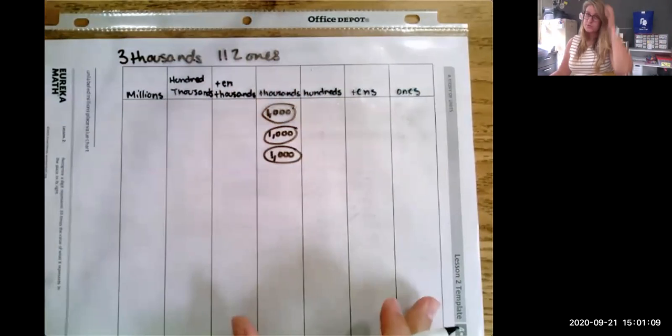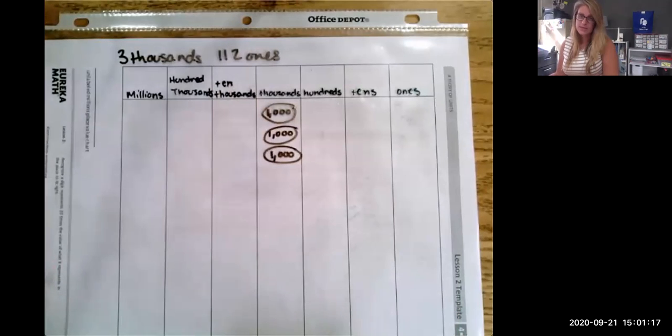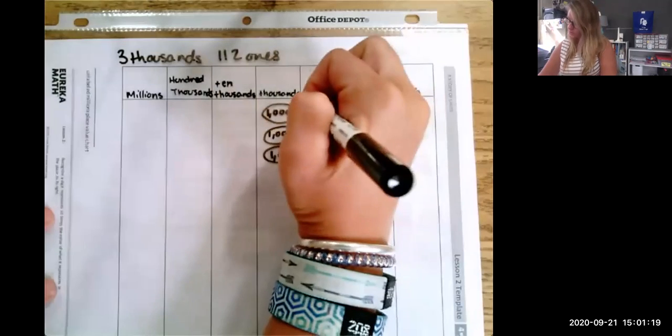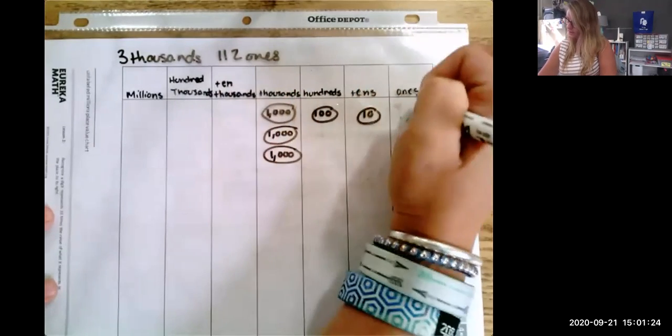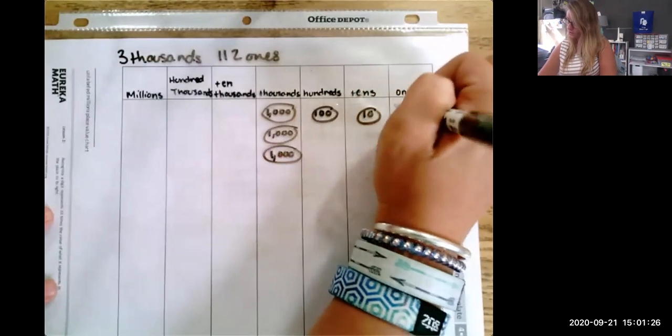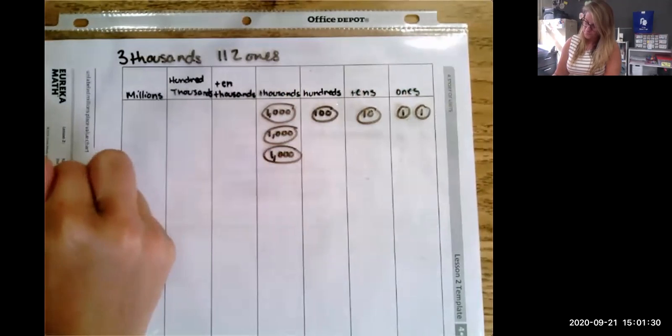So for 112 ones, we know that 112 is equal to 112 ones. And we can easily represent that in our place value chart. So we're going to start with 100, 10, and 2 ones.